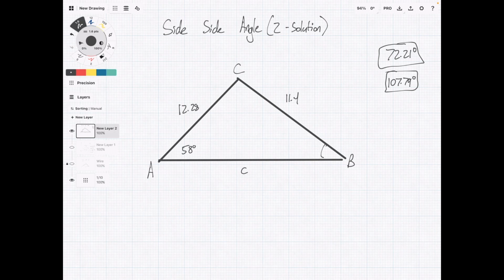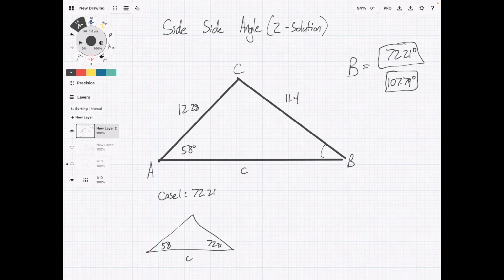We're going to start with case 1, 72.21, and we're just going to redraw this triangle quickly. 58, and this is B. We're going to plug in 72.21 here.